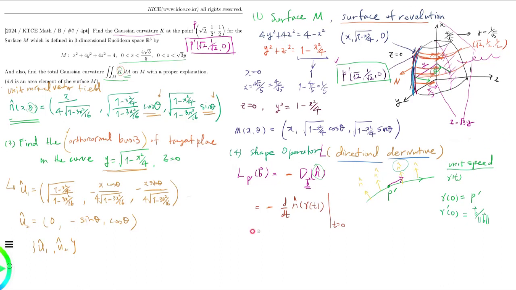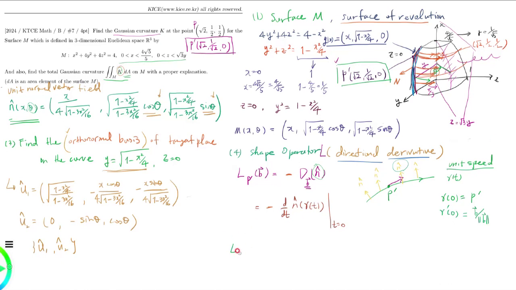What I'm going to do is find the value of the shape operator in a more general setting. Let's say this generating curve is g of x here.